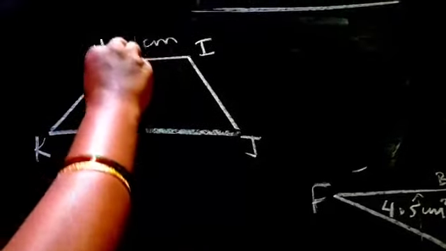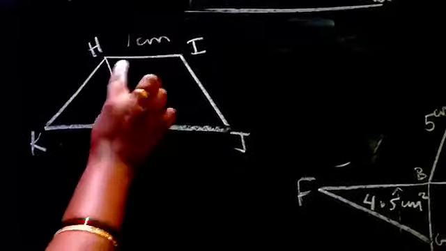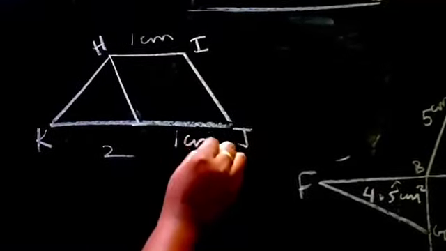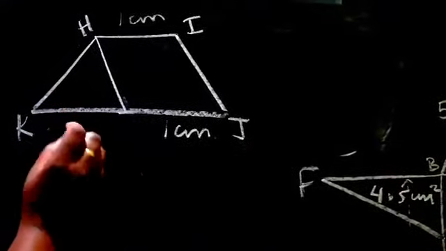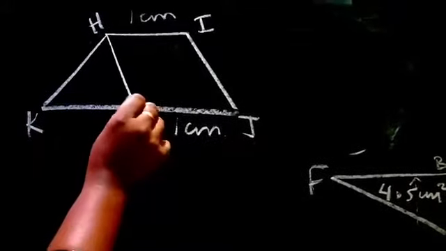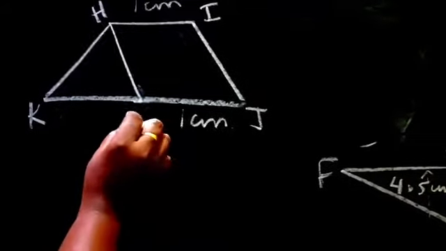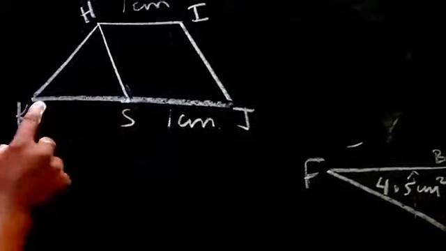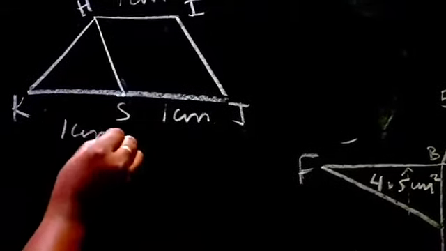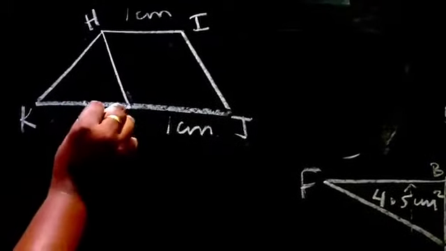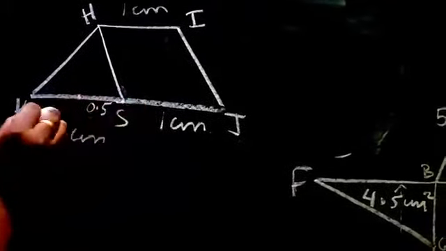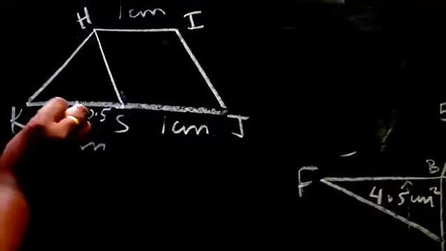If I cut this, this is a parallelogram. I have here 1 centimeter. So how much will I get remaining here? It is 1 centimeter. In this 1 centimeter also, I will give here some name, S. So here remaining I have 1 centimeter. In this, if I take the midpoint, it will become here 0.5 and this is also 0.5.